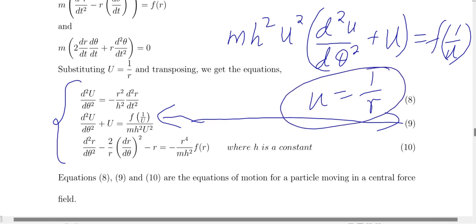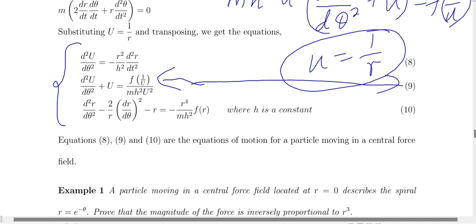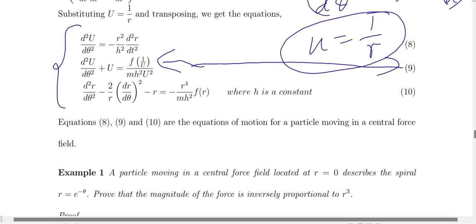So that when we write 1 over u, that will just be r. So this equation gives the force acting on a particle moving in a central force field.